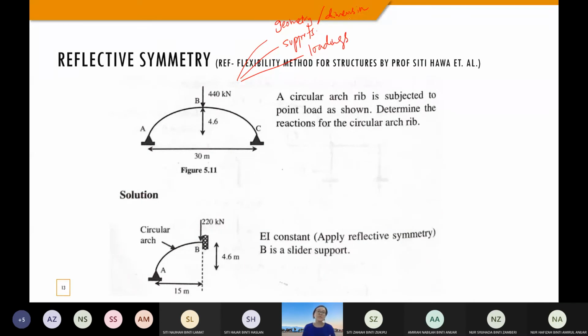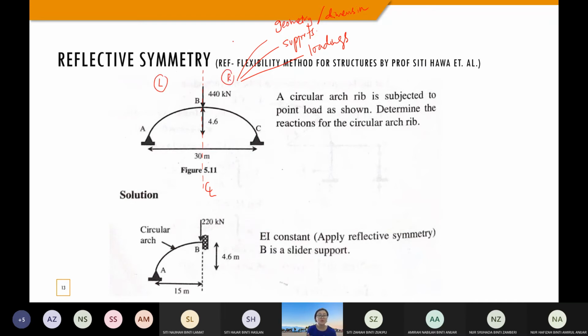All these must be symmetric. It means that when you define a mirror line or central line, which in this case happens to be at B, the left part and the right part are just a mirror.